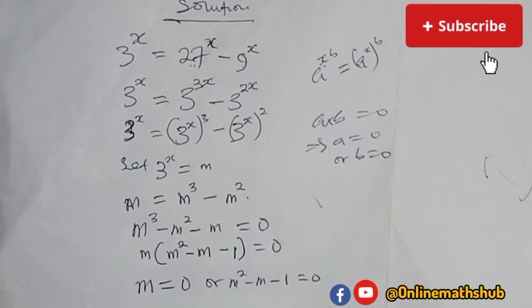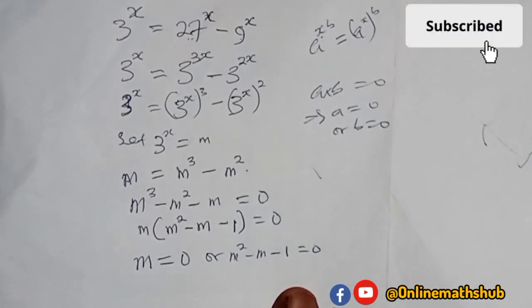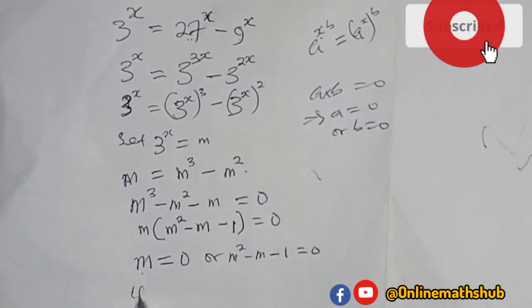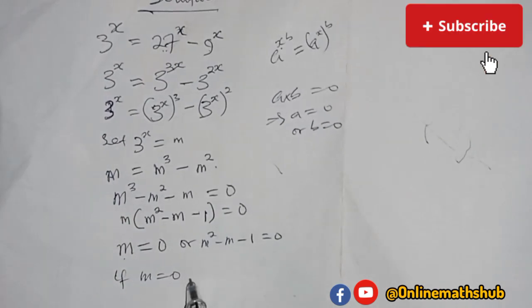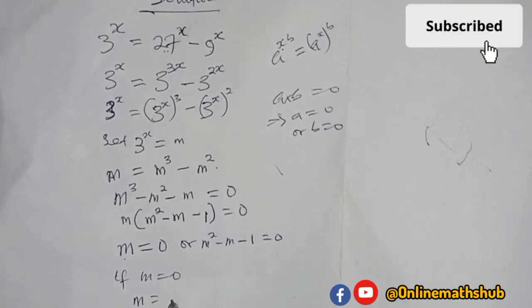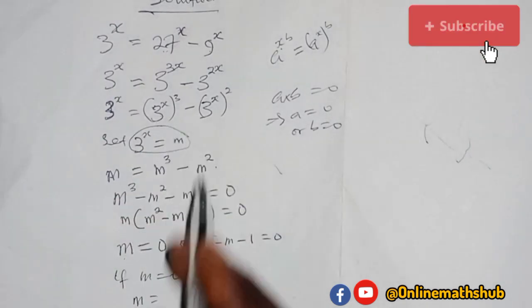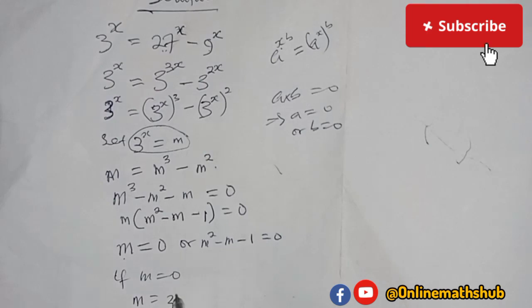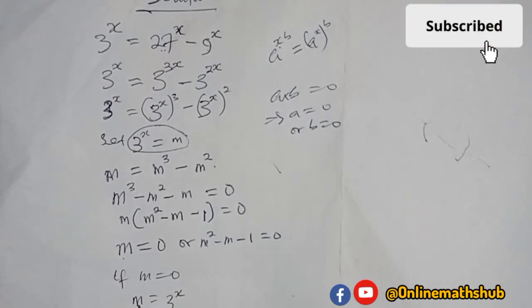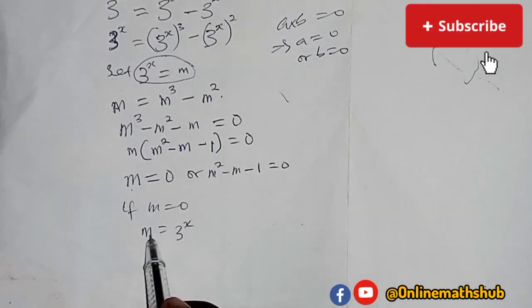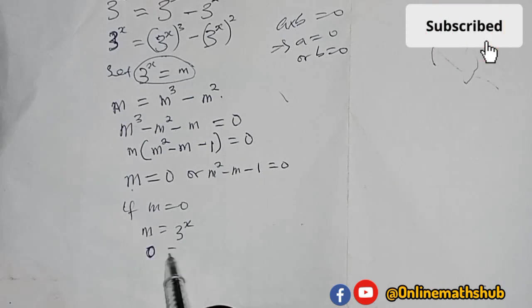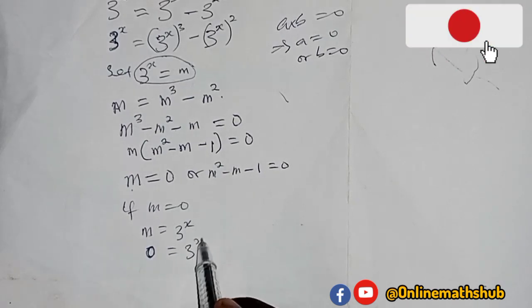So there are two cases right here which we are going to consider. If m is equal to 0, now you remember from here we set our m to be equal to 3 raised to power x. So if our m is equal to 0, we now have that 0 is equal to 3 raised to power x.